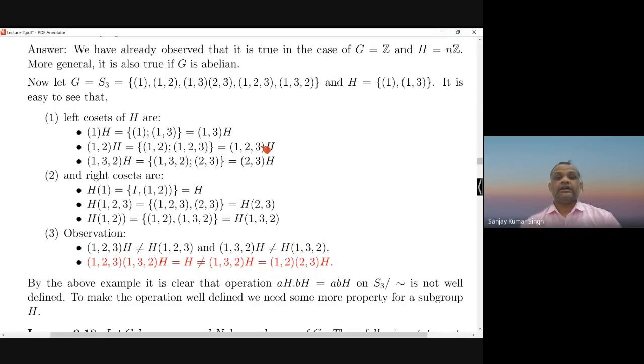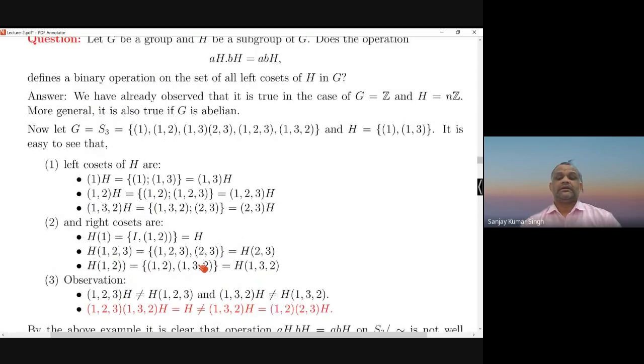So if you take different representatives and calculate this product, you will realize that the product is not the same, and hence this operation is not a binary operation.